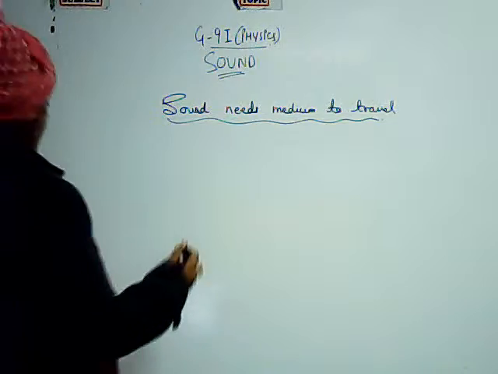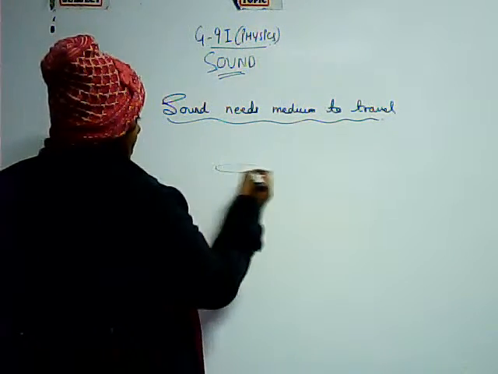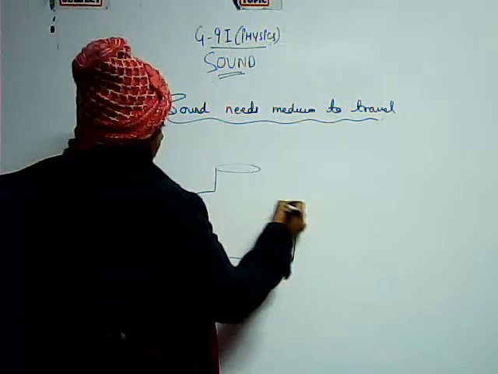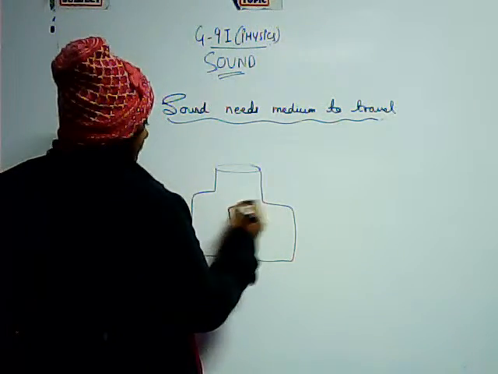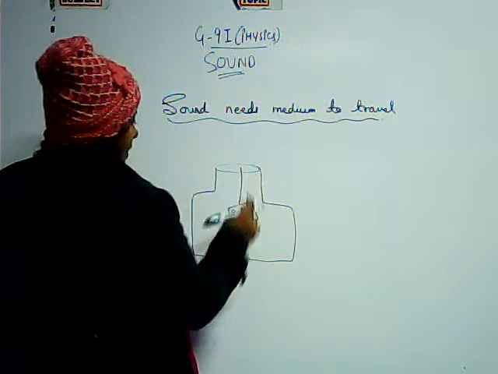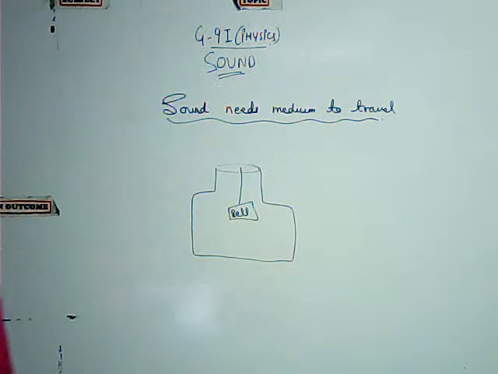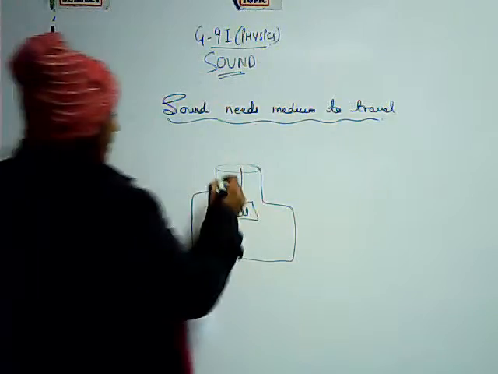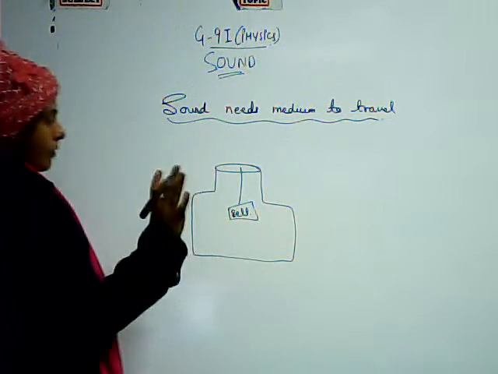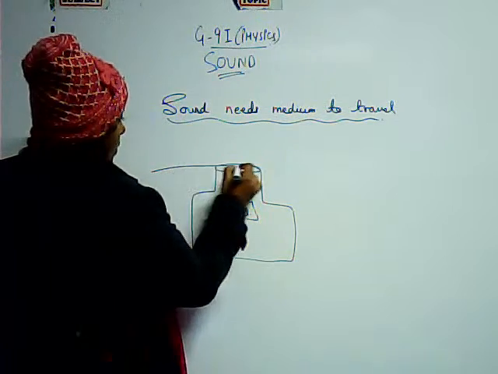How can we show it? Let's say we have this jar, a glass jar, and we have a bell inside. Fine, the bell is hanging inside the jar. And from the top it is, let's say, open. Here we have attached it.